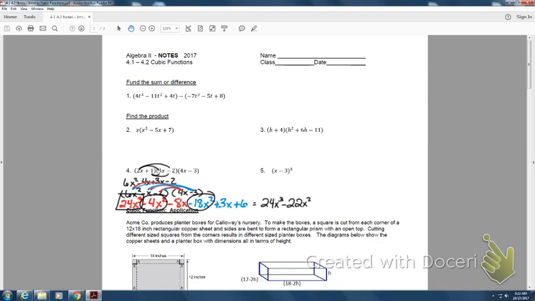My x's, I've got negative 8 plus 3, which is negative 5x. And then I've got the 6 that's all by itself. Okay. Questions on that?